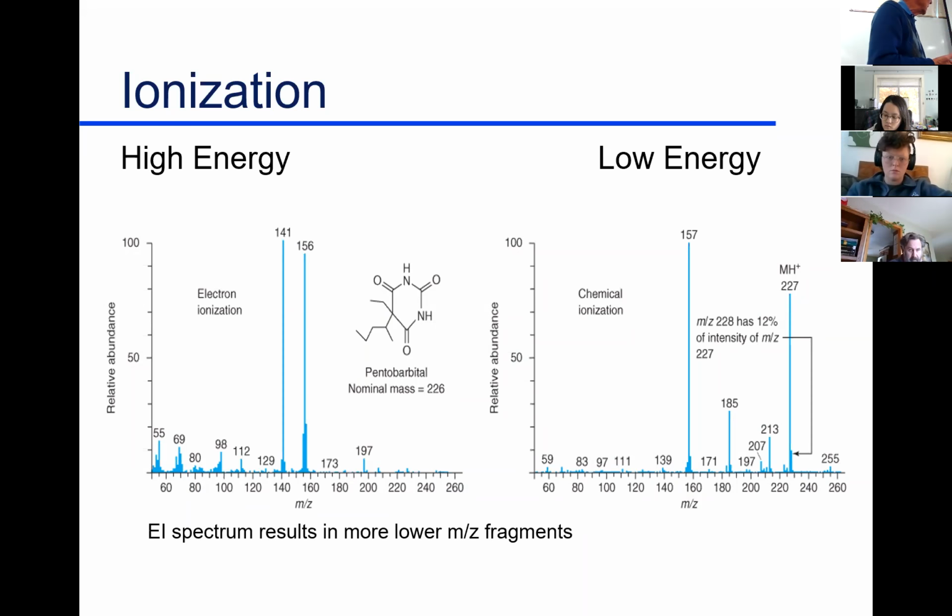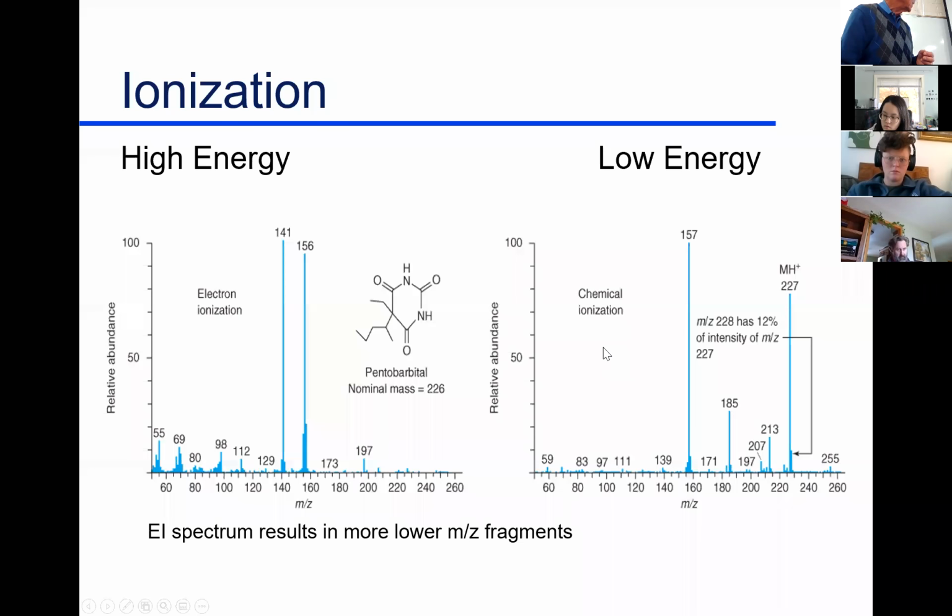So this is just looking at the spectrum of pentobarbital. If we use the high energy bombardment, we're going to find no parent ion. The mass should be 226. There might be a little bit here, maybe not. So we're going to see fragments here that blew it into smaller pieces.